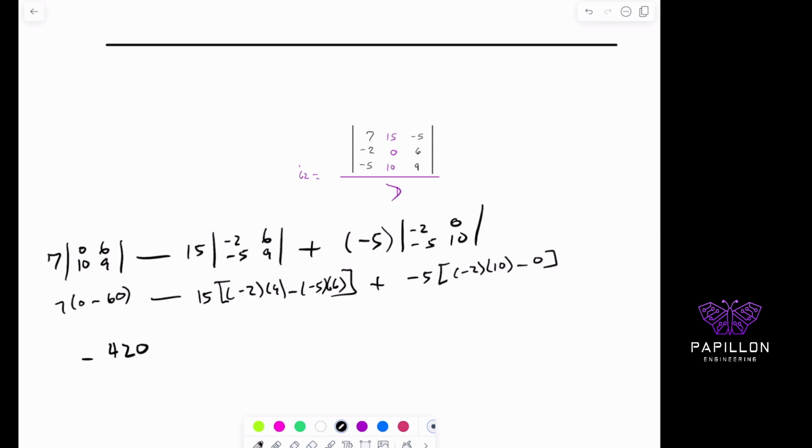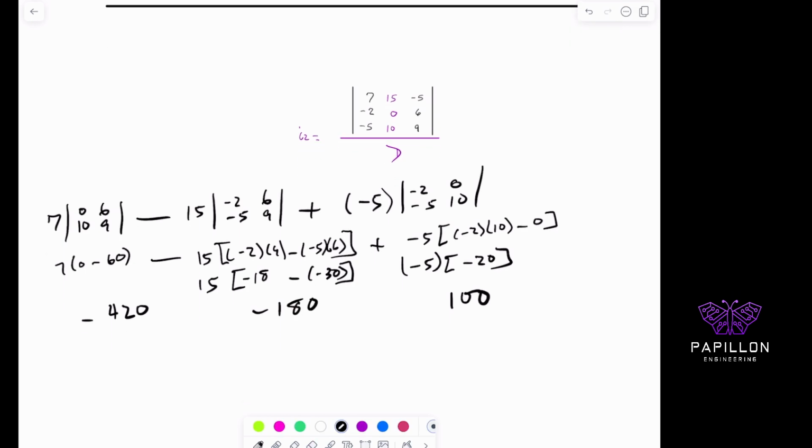So we get back minus 30 over here, minus 18, all that times 15. This one, of course, just minus 20 times minus 5. Okay. So this term gives us 100 over here. This one gives us minus 180.